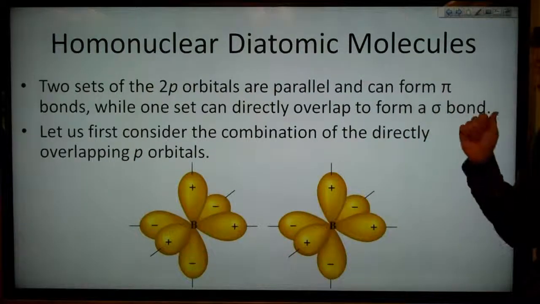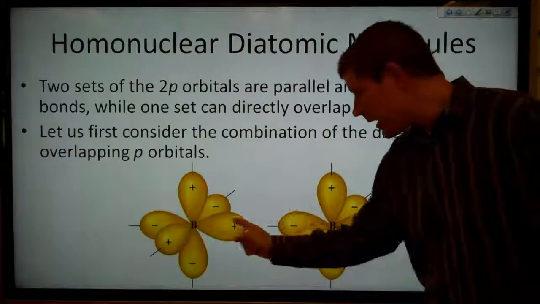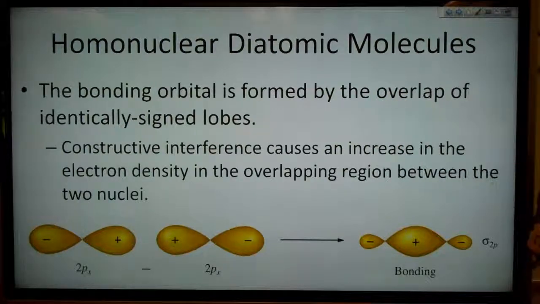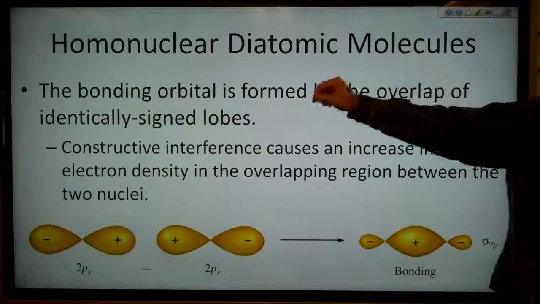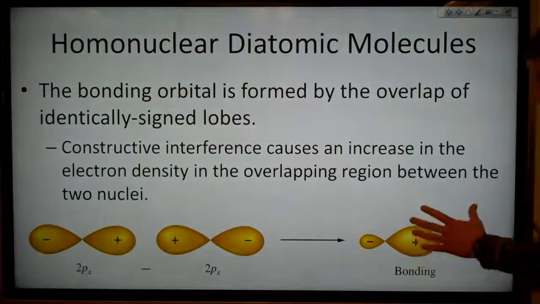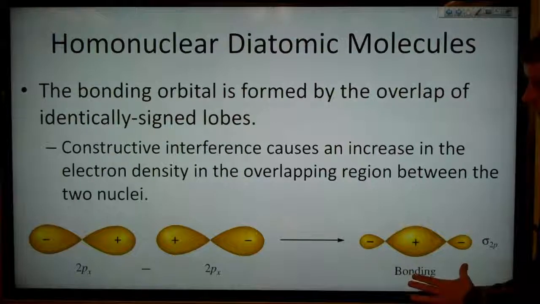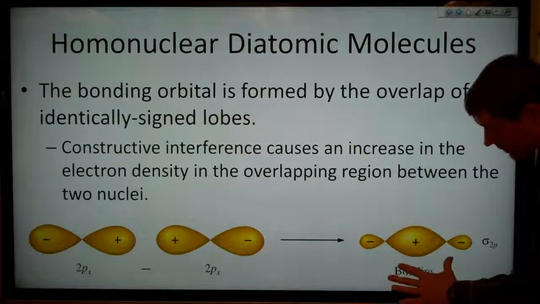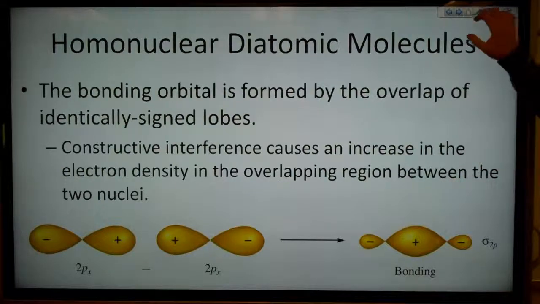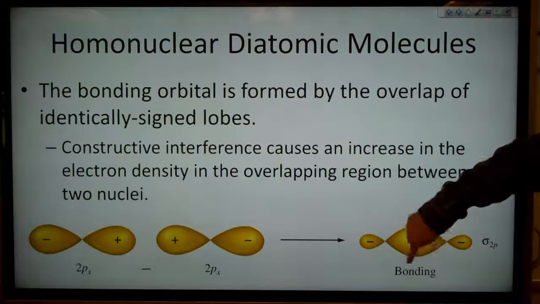So let's first look at the combination of the directly overlapping p orbitals, so this one and that one. The bonding orbital is formed by the overlap of the identically signed lobes, so like this. Constructive interference causes the bonding orbital to look something like this. It causes an increase in electron density between the two nuclei in that overlapping region. So now we get more electron density in between the two.